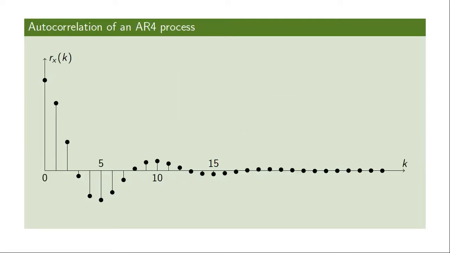One way to understand what the AR parametric spectrum estimation is doing is to look at the autocorrelation that's produced by the estimator. In this example, we have an autocorrelation function from an AR4 process, not the same one that we saw before, but another AR4 process that plots better in terms of the autocorrelation.